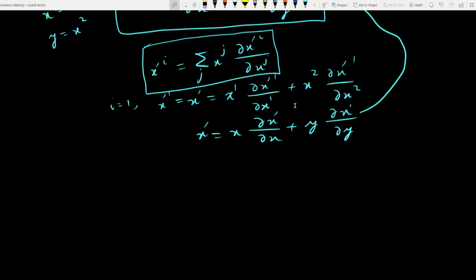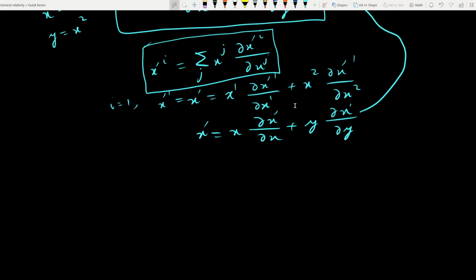Now what Einstein did was he contracted this equation even further. He wrote it as x primed i is equal to xj del x primed i over del xj. So he removed the summation sign and proposed the Einstein summation notation.